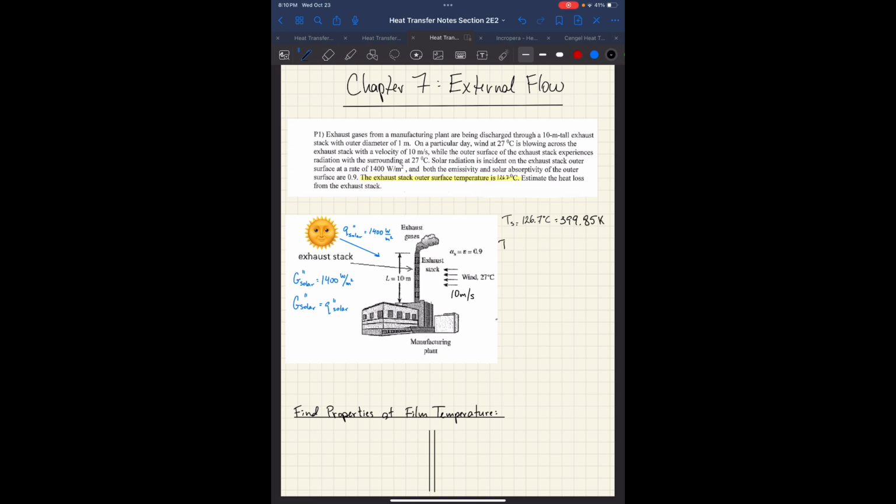Then we have the surroundings. They mentioned that T surroundings is 27 Celsius. Basically, you're going to treat the surroundings kind of like the exhaust stack is surrounded by a black body. You can sort of think of it like that. Surroundings being like the atmosphere, other things around it.